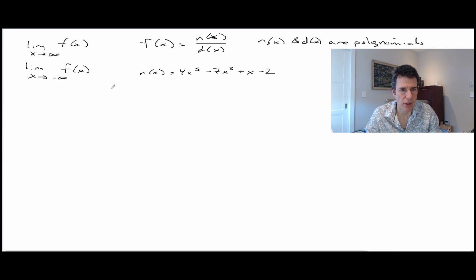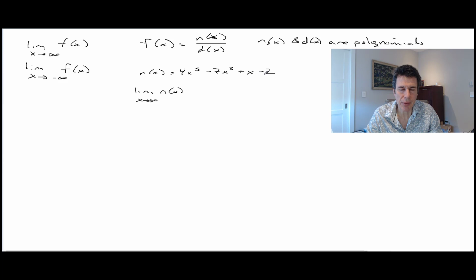If we're interested in the limit as x goes to infinity of n of x, well, this function obviously gets very, very big. But if we think about this limit for a second, we think about what happens when we plug very, very large numbers, very large x, into this function. Well, we've got, let's say a million. 4 times a million to the power 5 minus 7 times a million cubed plus a million minus 2.